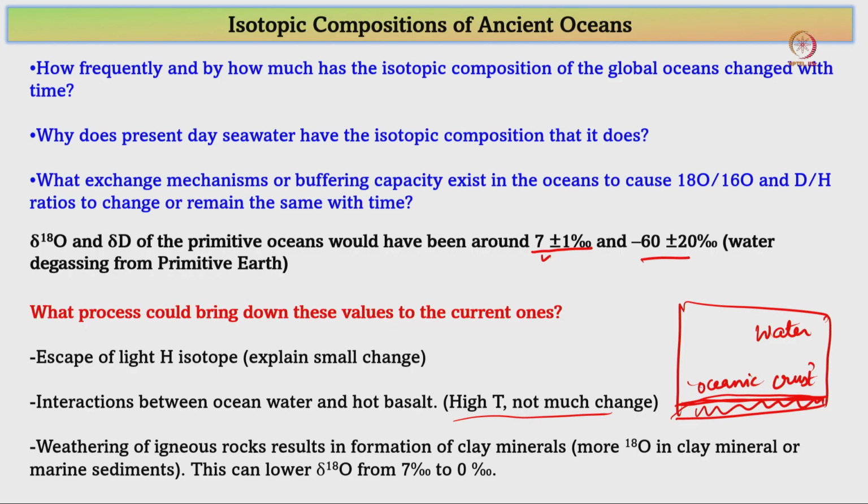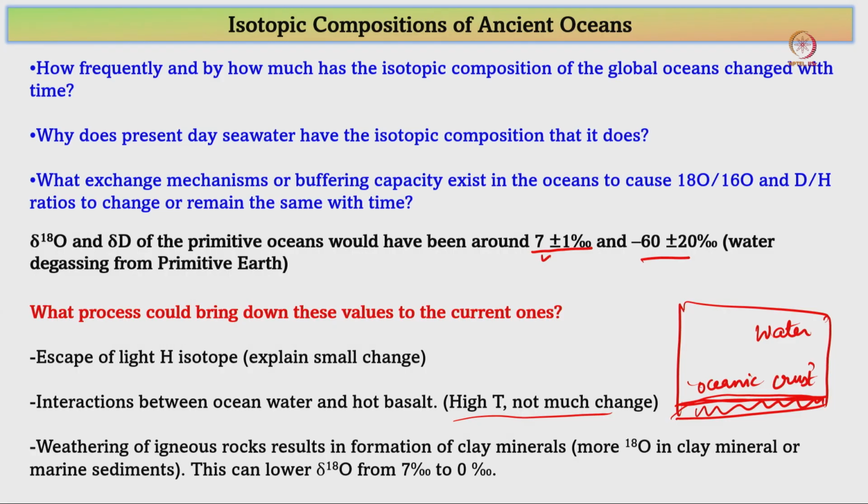The third possibility is the weathering of the igneous rocks or the clay minerals coming from the continents. There are a lot of rivers bringing in terrestrial weathered products. How does that interact with the ocean water, and can it change it?